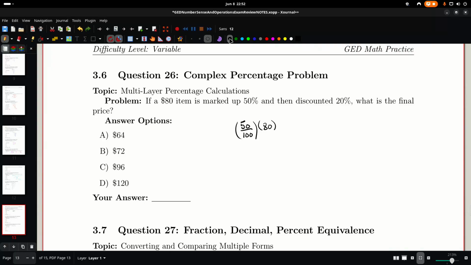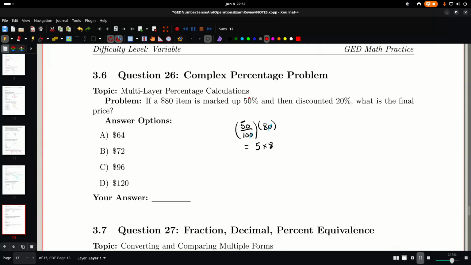We can make the math a little bit easier by dividing by 10. So 80 divided by 10 is 8, and 100 divided by 10 is 10. And so really we're now left with 50 divided by 10, which gives us 5, and 5 times 8.